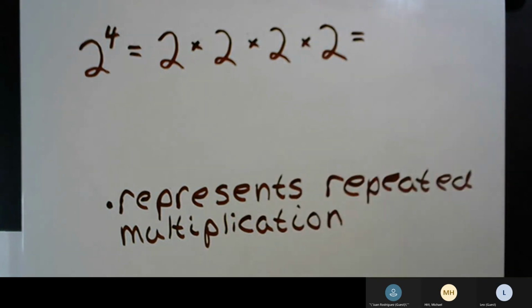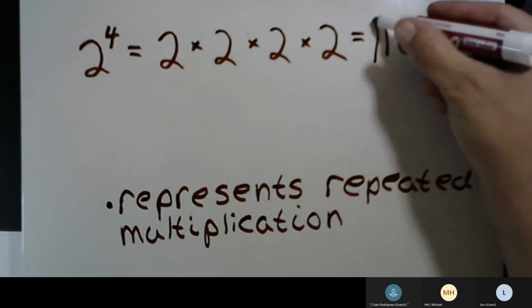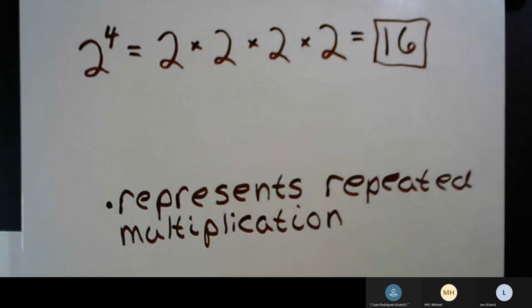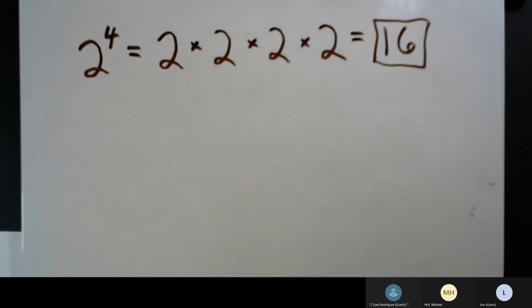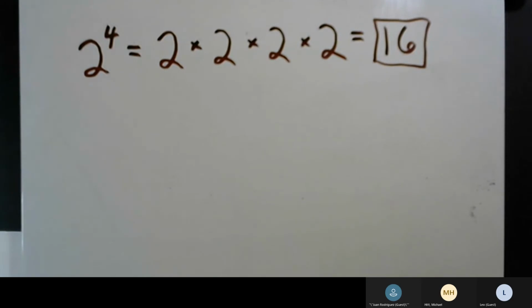And if you multiply 4 2's together, you're going to get 16. This is going to be the case with any number you're working with as far as exponents go.